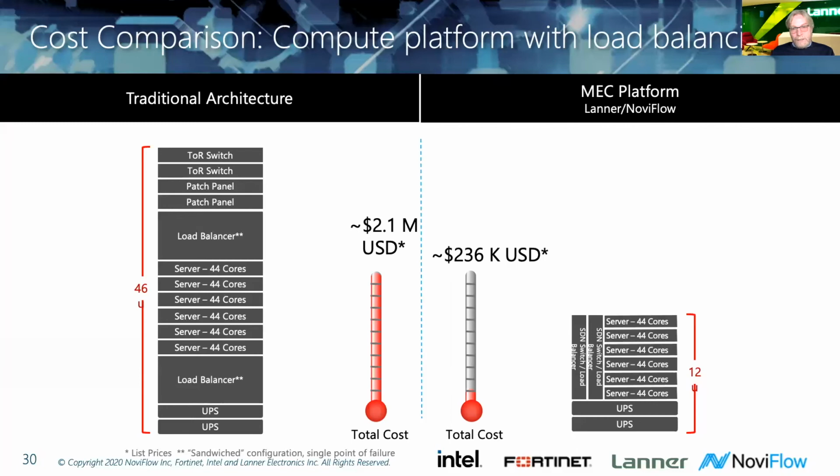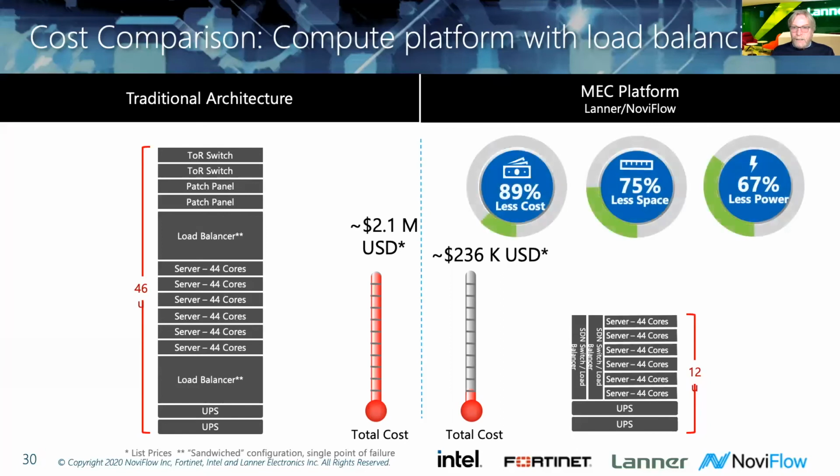This can be quite a cost savings for the service provider in order to roll out these services. And these are significant numbers. If you look at the overall cost, space, and power, these are the elements which are normally a challenge at the edge location site.